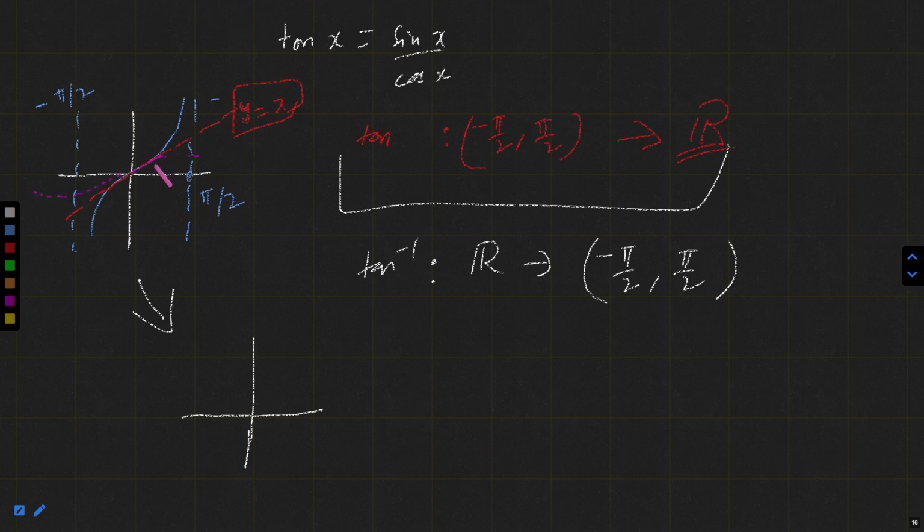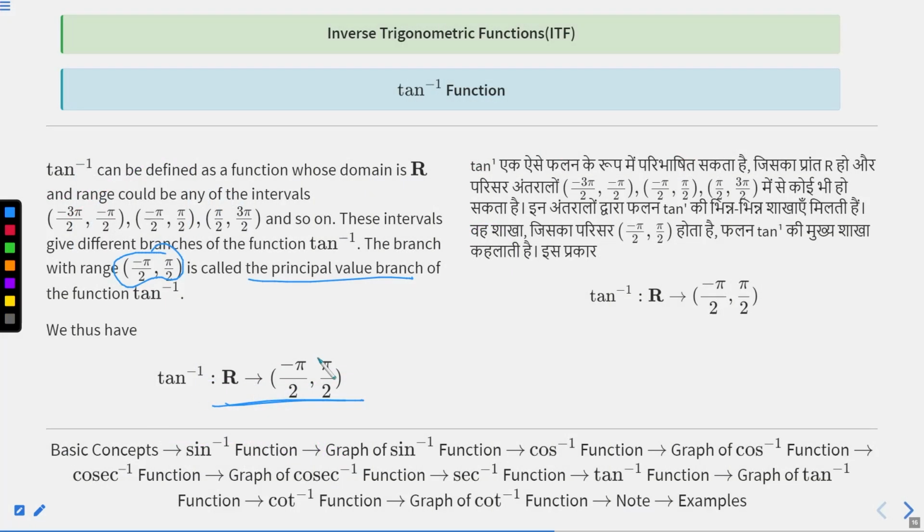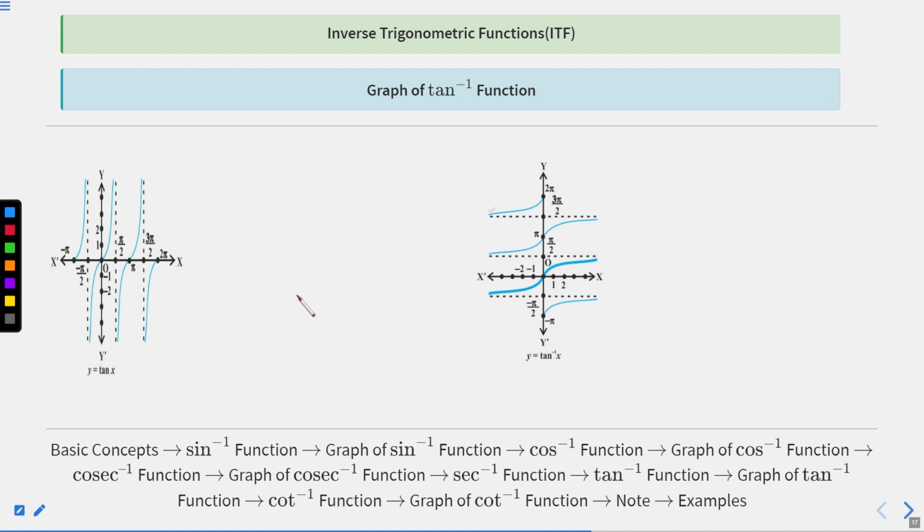The inverse will look like this, and as you can see, the domain is the whole R here, and the range will be minus pi by 2 to pi by 2. The neat and clean diagram for it will be like this. This is my tan x. If I take this to this open interval, then I can find my inverse, and that inverse will look like this.